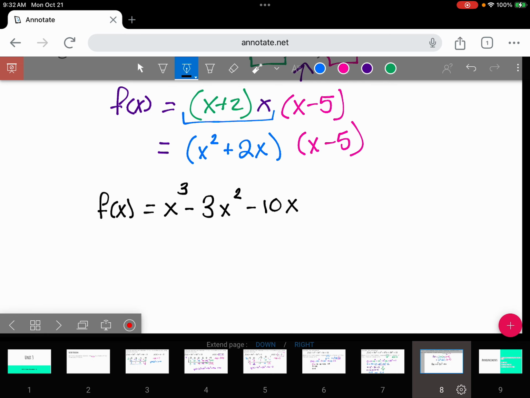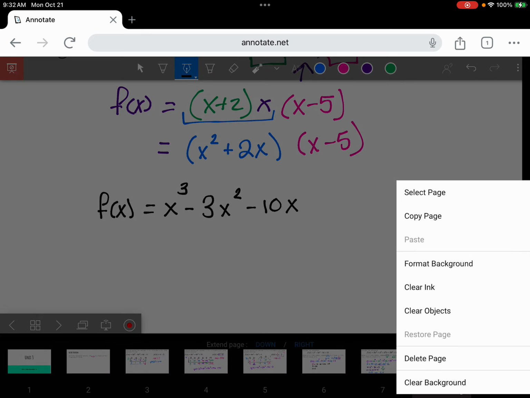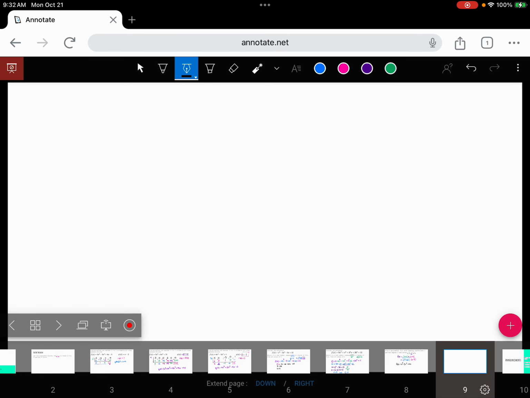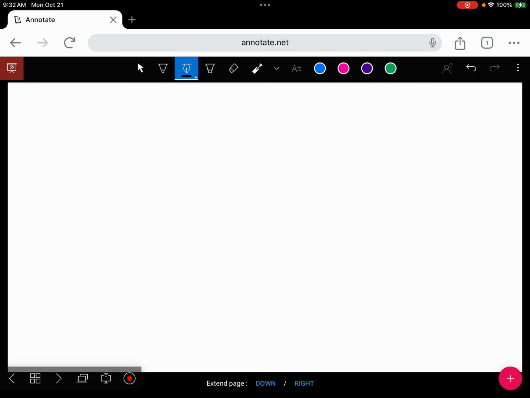Let's practice one more like this, but I'm going to have to handwrite it out. So let's do another one just like that, where we're going to make one that has degree 4 and has zeros -3, 0, and plus or minus 1.